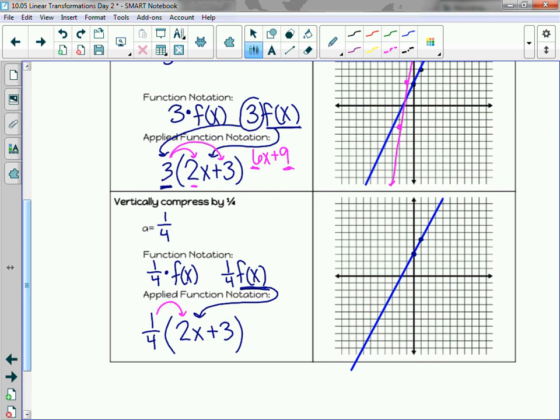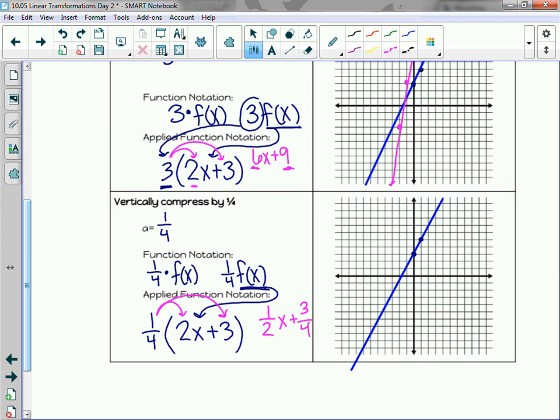So 1/4 times 2x is 1/2 x. 1/4 times 3 is 3/4.